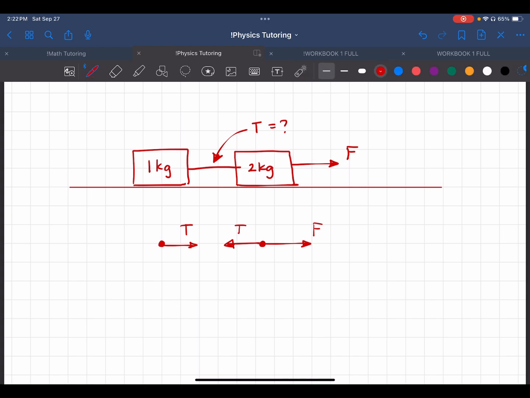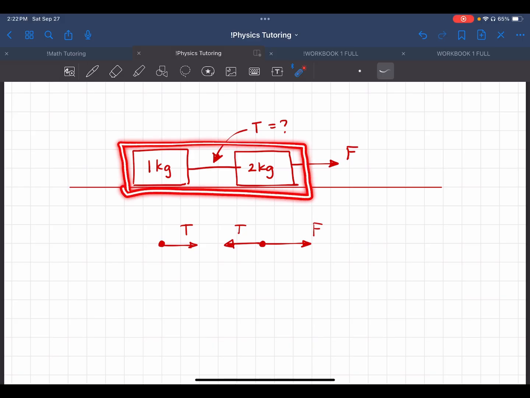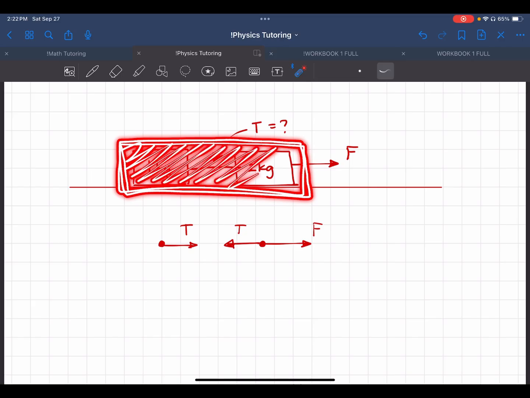Because what you can do is change your system. This whole system here, I can combine these two weights into one.